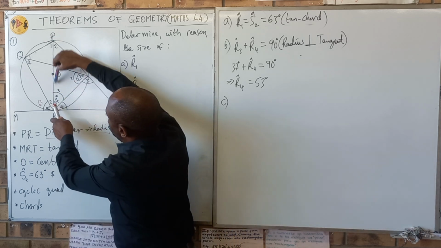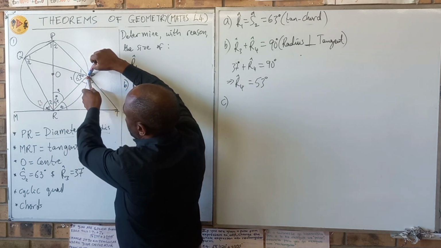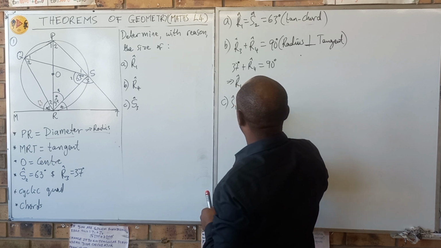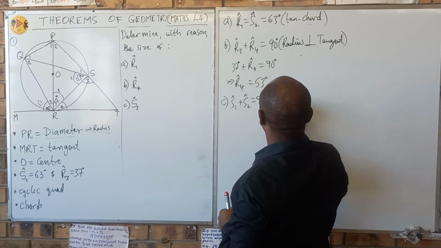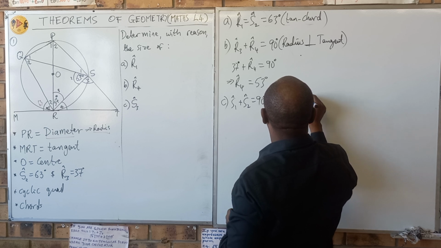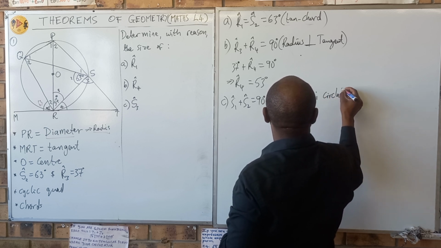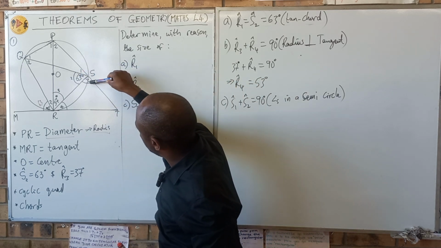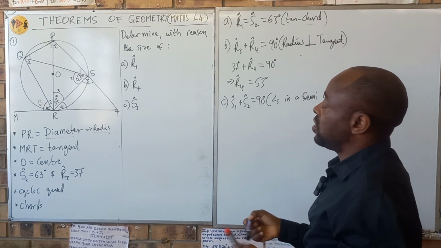The angle subtended by the diameter at any point on the circumference is a right angle. That immediately tells me that S1 plus S2 is equal to 90, angles in a semicircle. If those two give me 90, and S1, S2, and S3 lie in a straight line, then it's obvious that S3 should also be 90.